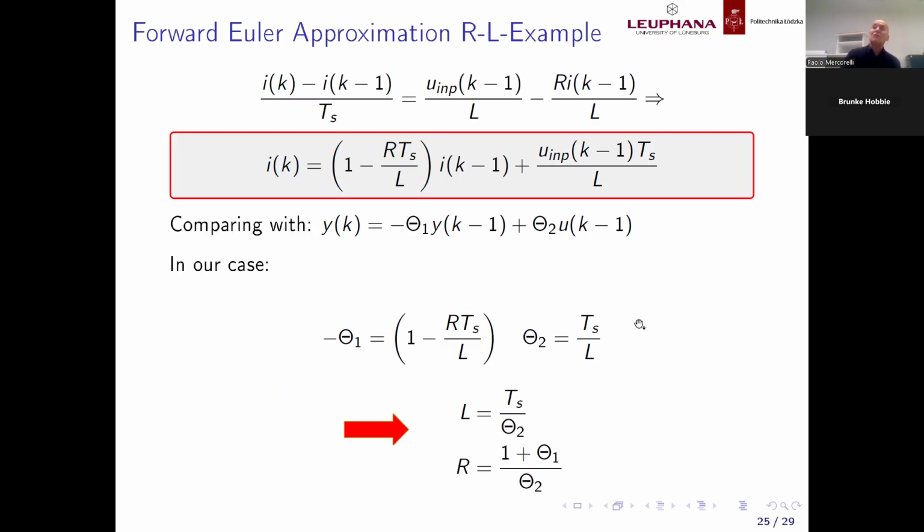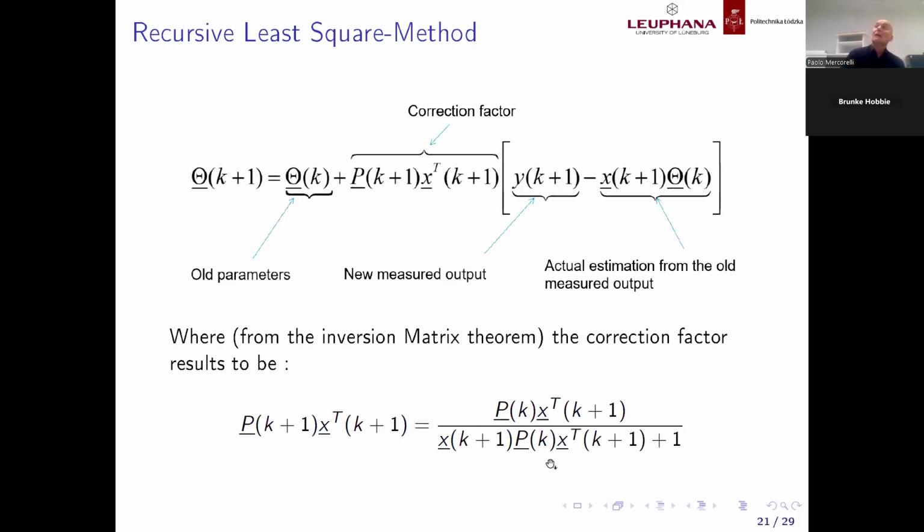From these two equations, which came from the consideration I made, it's easy to see that L and R are expressed here: L equals Ts divided by theta 2, and R equals (1 plus theta 1) divided by theta 2. This means once I am able to calculate theta 1 and theta 2, which I am, because we had this expression here.